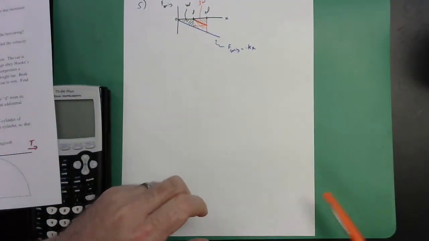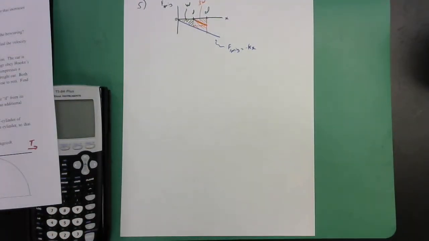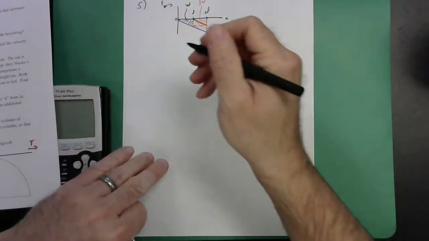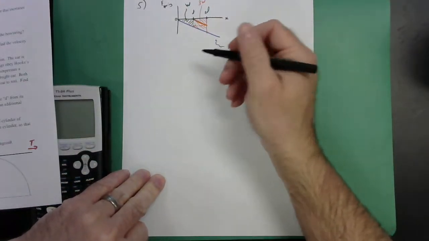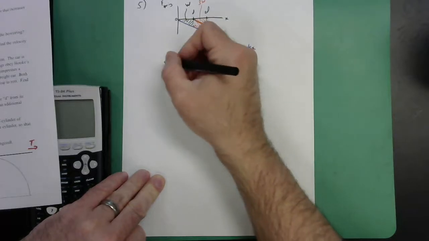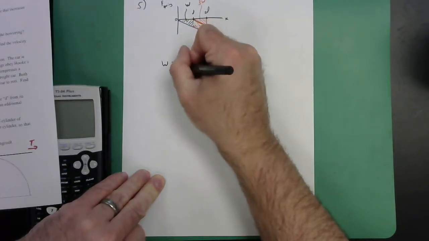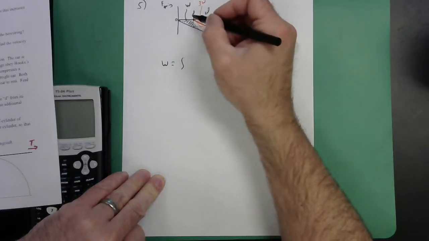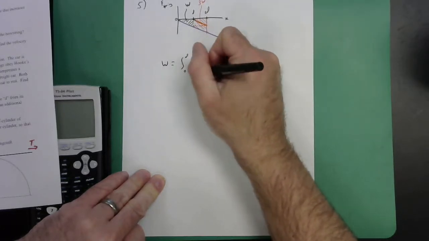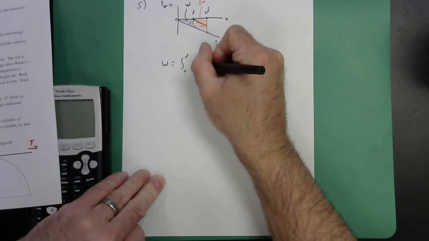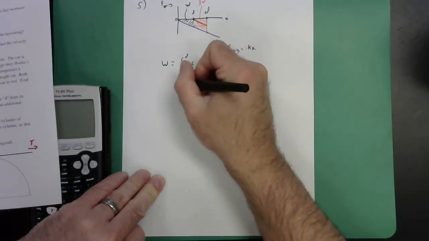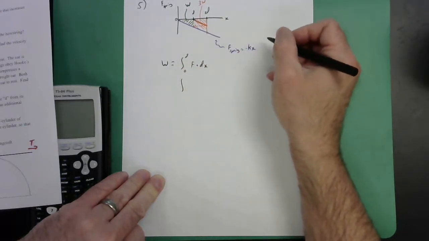Now, if I slog through this thing the long way, sorry, here's the shortcut, the long way looks like this. Hey, the work, I know, is going to be my integral. For the first part, it's going from 0 to D of that force of the spring dotted with the distance. The force of the spring is going to be like kx or whatever.